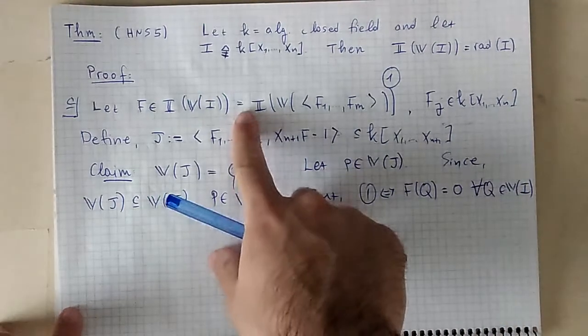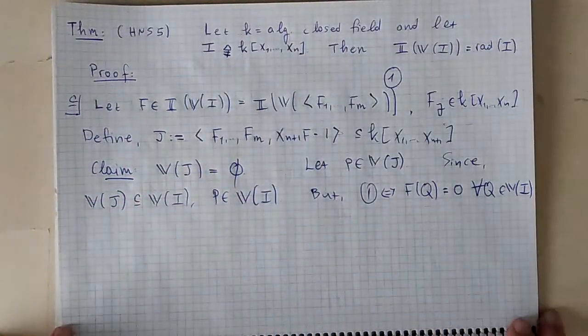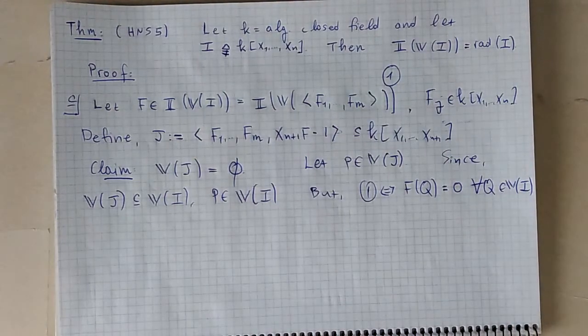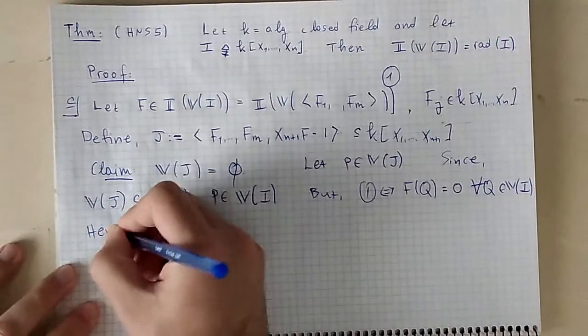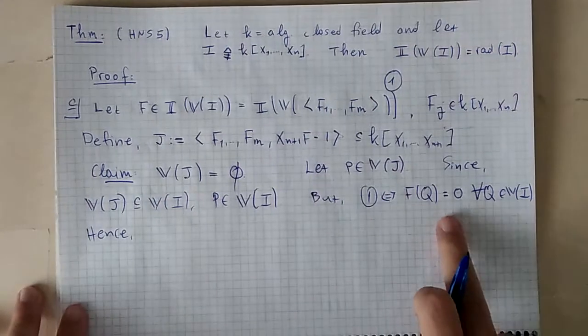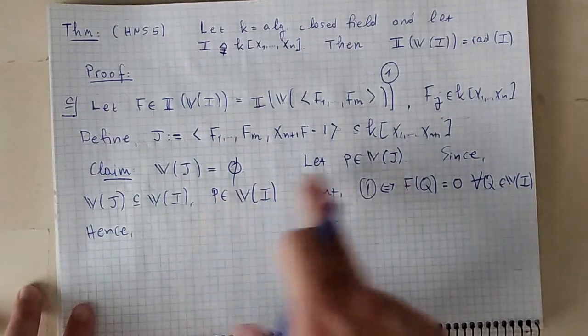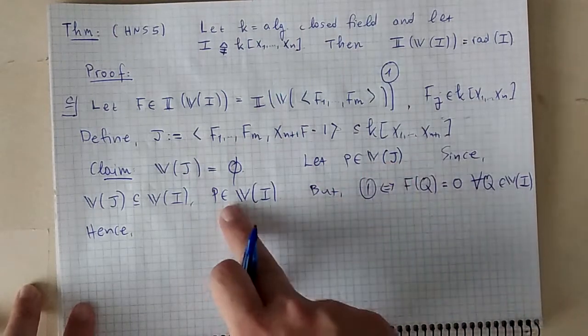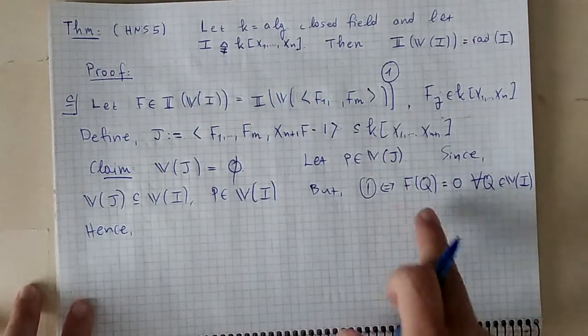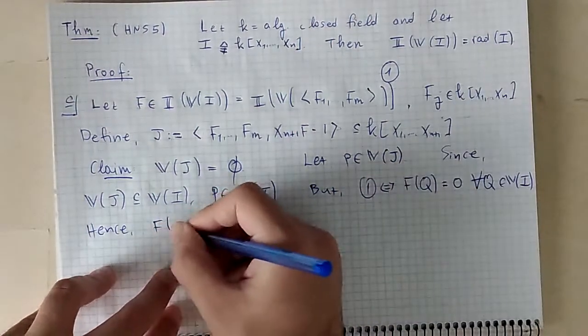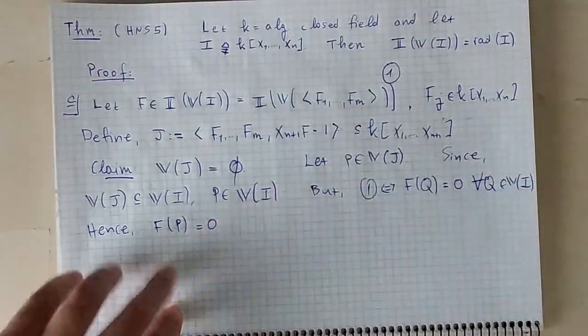This follows from the definitions. But now, since this is true for every element of V of I, then this P that we assumed lived in V of J is going to kill f. So f of P is equal to 0.